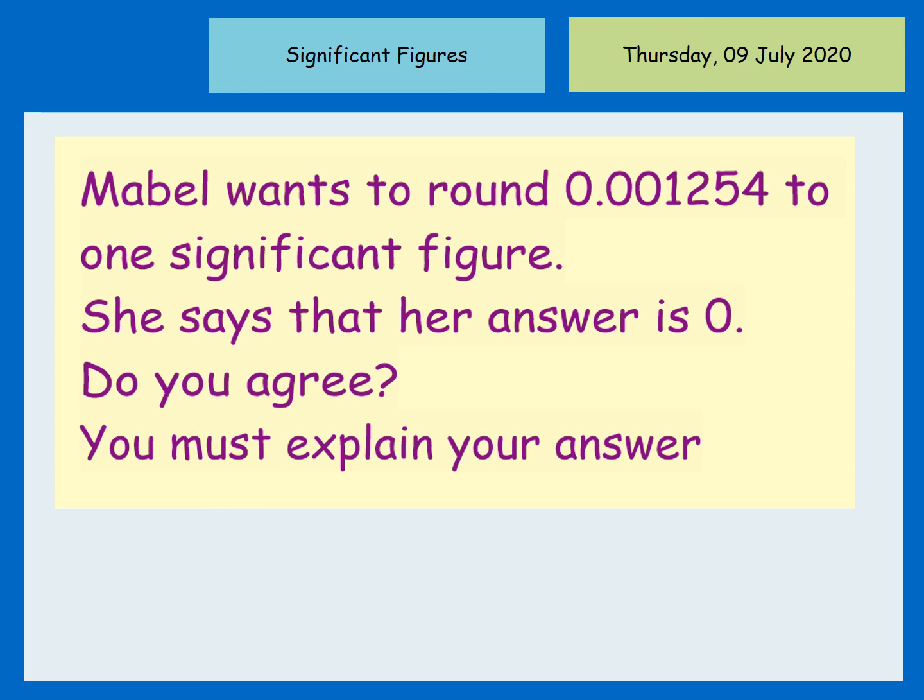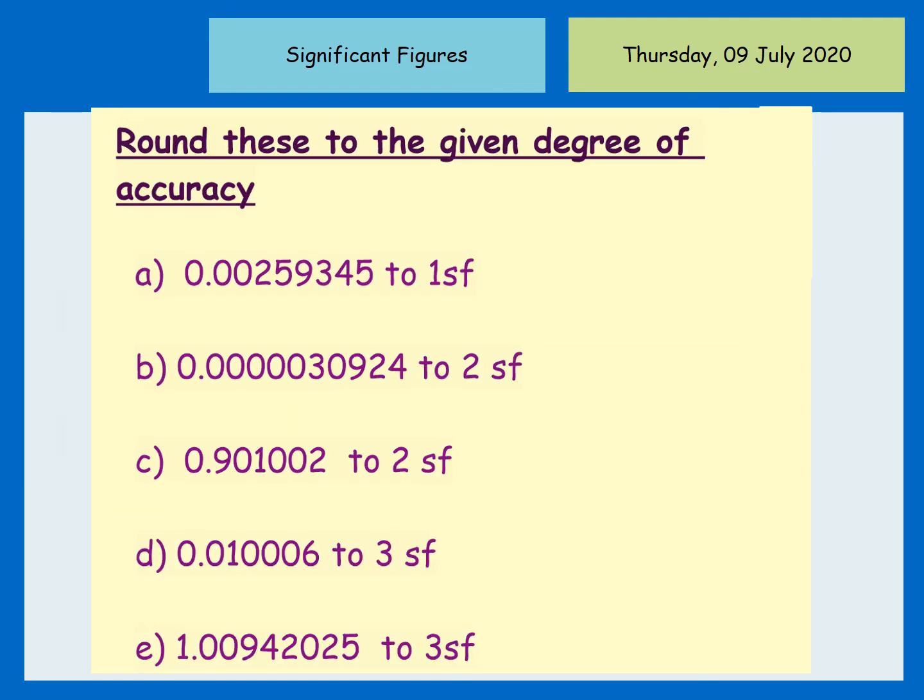The reason is she's rounded the first 0 she saw, and assumed that was the first significant figure. Now, we know that the first significant figure in this number is the 1. And so that is the number we're going to round. So our answer should be 0.001.